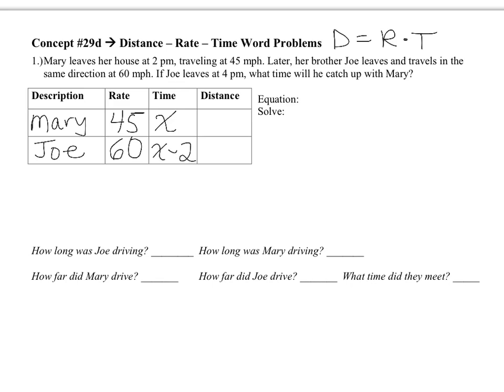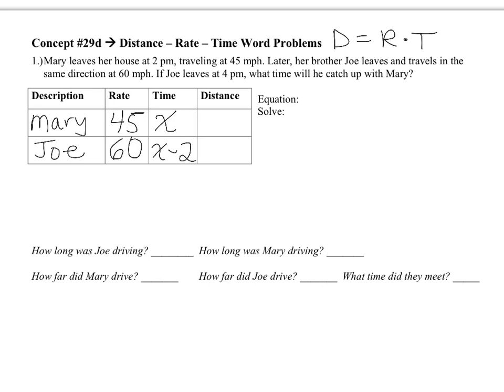Well, it's subtraction because Mary has been traveling for those 2 hours and Joe did not travel those 2 hours. So Joe is actually traveling 2 hours less than Mary because he left later. You could write Joe as X, and if you write Joe as X, then Mary is going to be X plus 2. Okay, so there are 2 ways to write this.